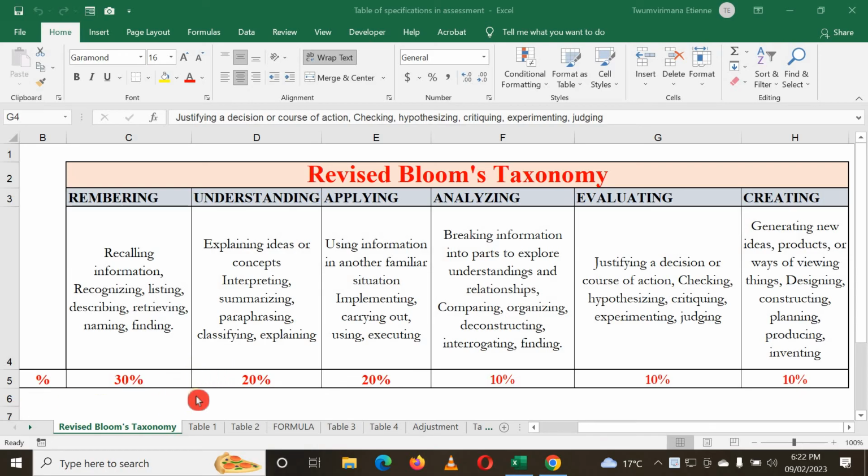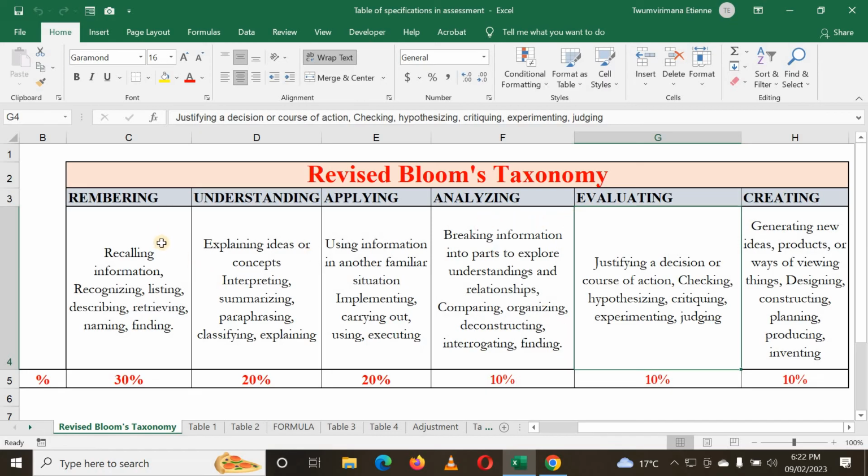Before starting to talk about the table of specification, you can see here we have a revised Bloom's taxonomy. The revised one has different levels: remembering, understanding, applying, analyzing, evaluating, and creating. The revised Bloom's taxonomy has creating, and this is part of higher order thinking.